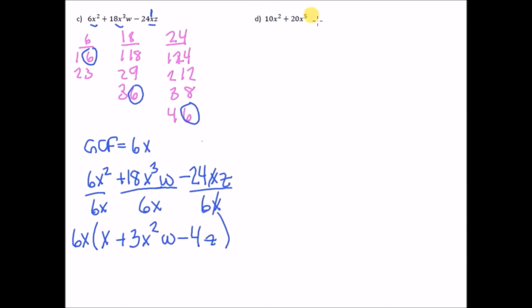Okay, now the last one, 10 and 20. So I know that 20 divides by 10, so our greatest common factor is going to be the entire 10, but we can write this out if you need to. So the factors of 10 and then the factors of 20. Okay? So the greatest common factor is indeed that 10, and we have an x squared and an x to the 5.